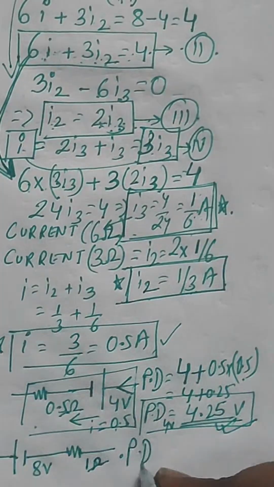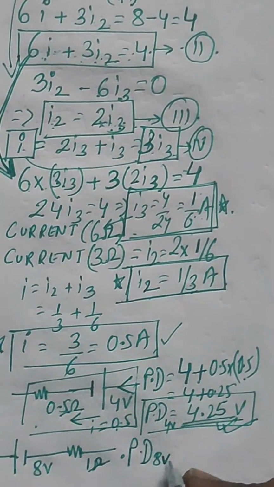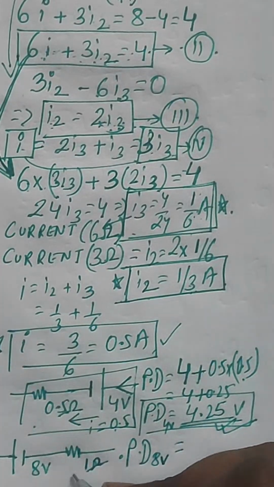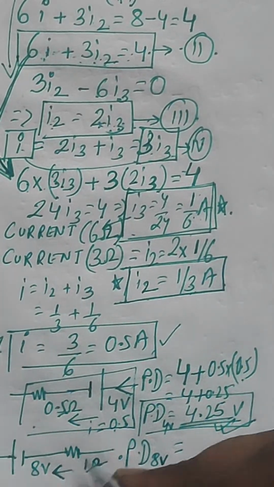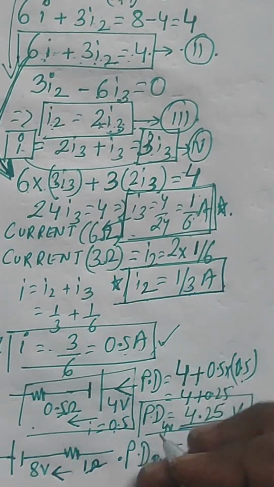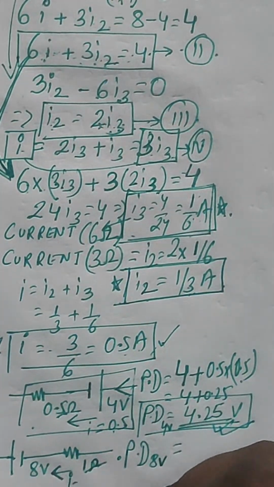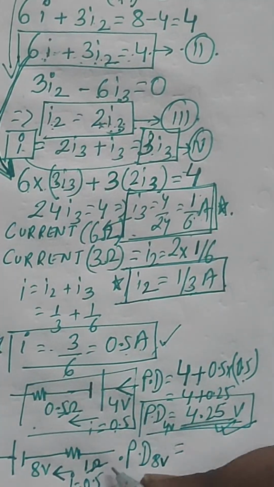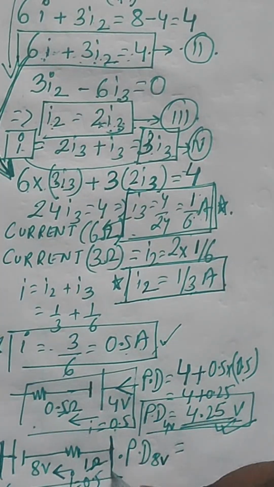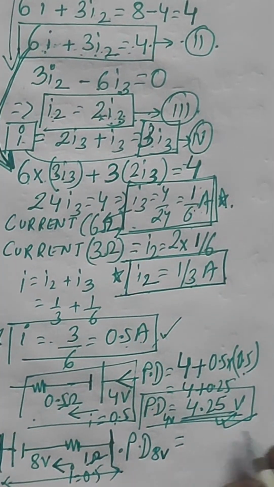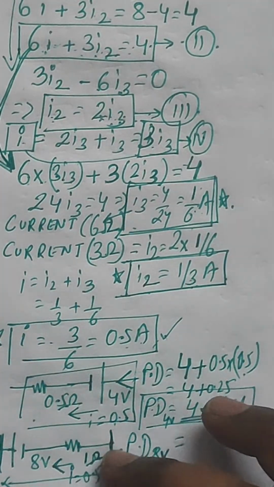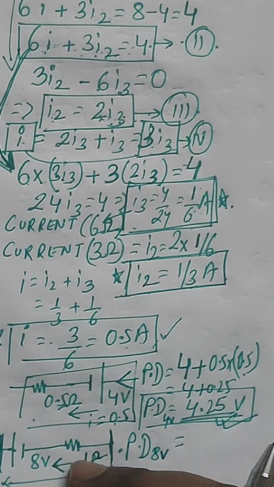So the potential difference across this 8 volt source is nothing but simply if current I is flowing through it, whose value we have calculated as 0.5 ampere, right? So I is calculated at 0.5 ampere. So from this point to this point, what is the total value of the voltage that we need to find? That is the potential difference, and this 1 ohm is the internal resistance of this cell, right?